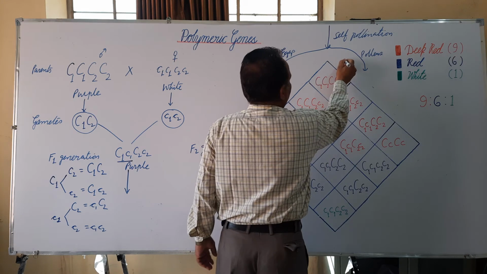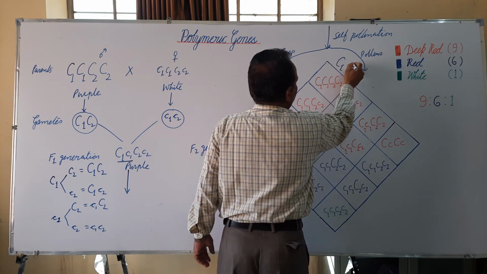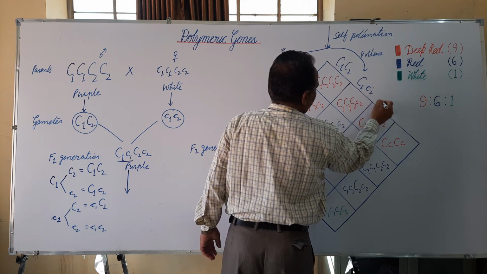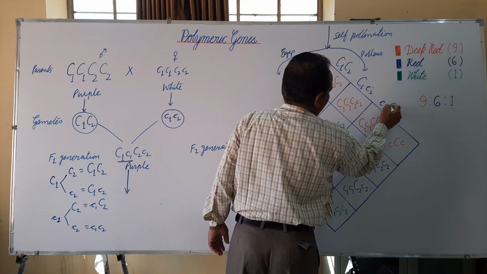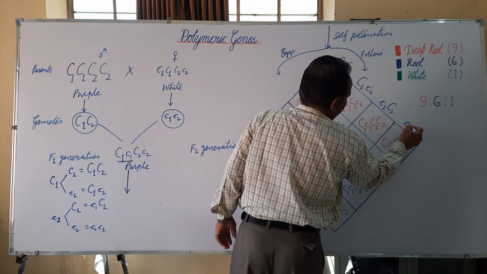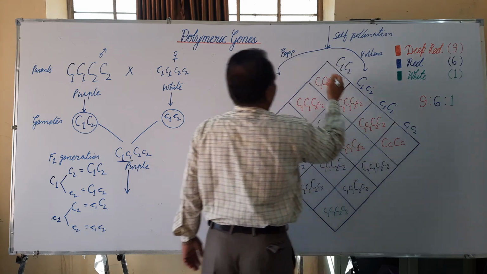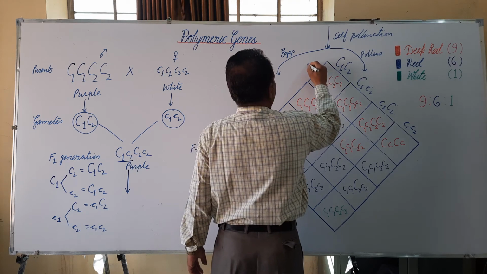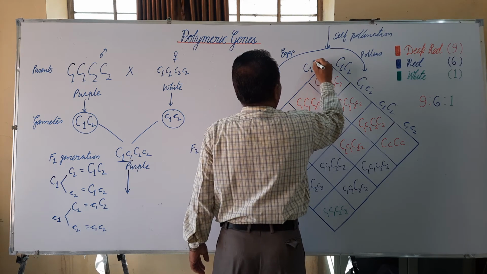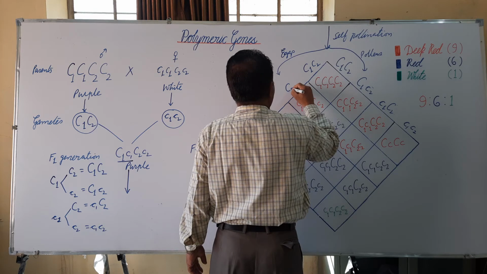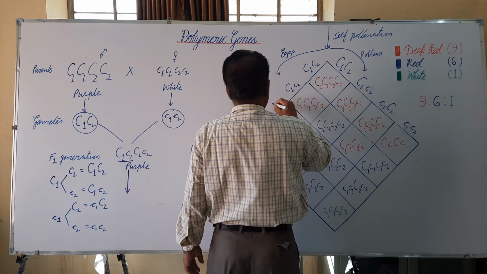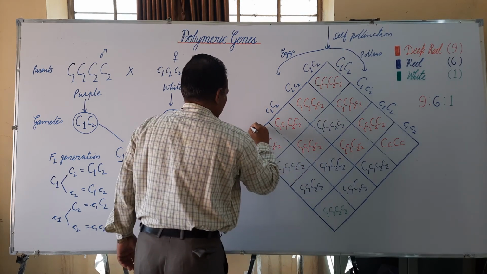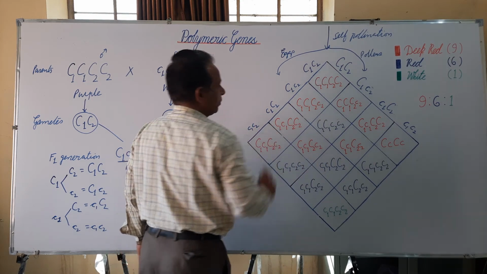They are capital C1 capital C2, capital C1 small c2, small c1 capital C2, small c1 small c2. Likewise, the eggs are also of 4 types genotypically: capital C1 capital C2, capital C1 small c2, small c1 capital C2, small c1 small c2.